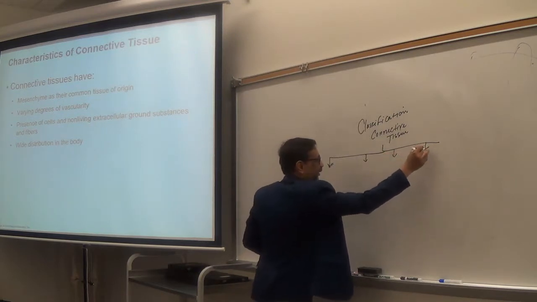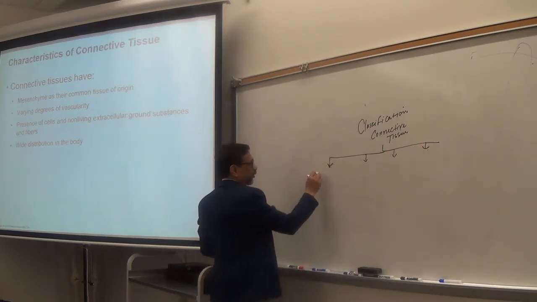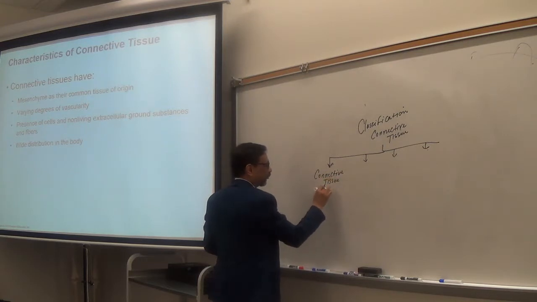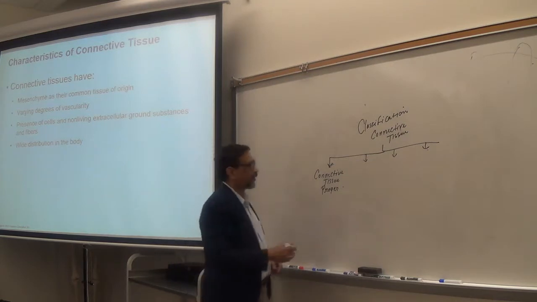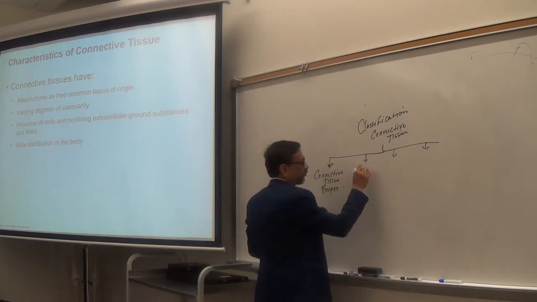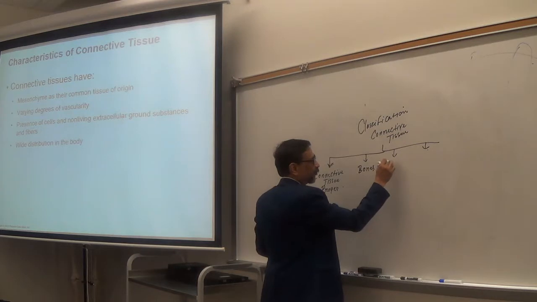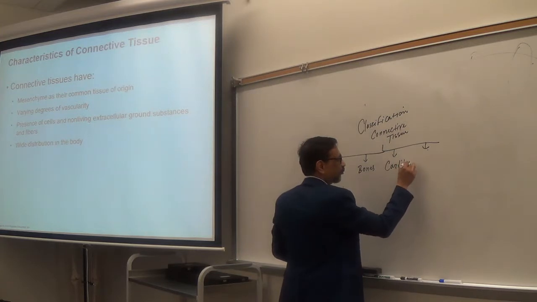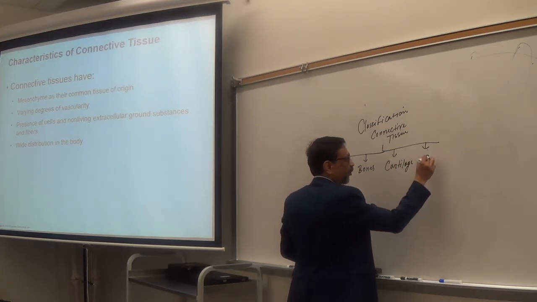We divide the connective tissue first into connective tissue proper. This is the main type, proper. And then bones, cartilages, blood.